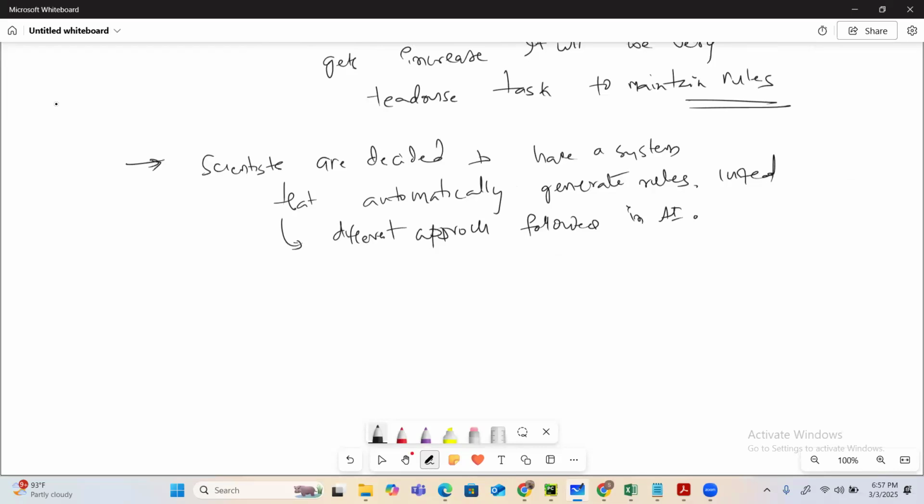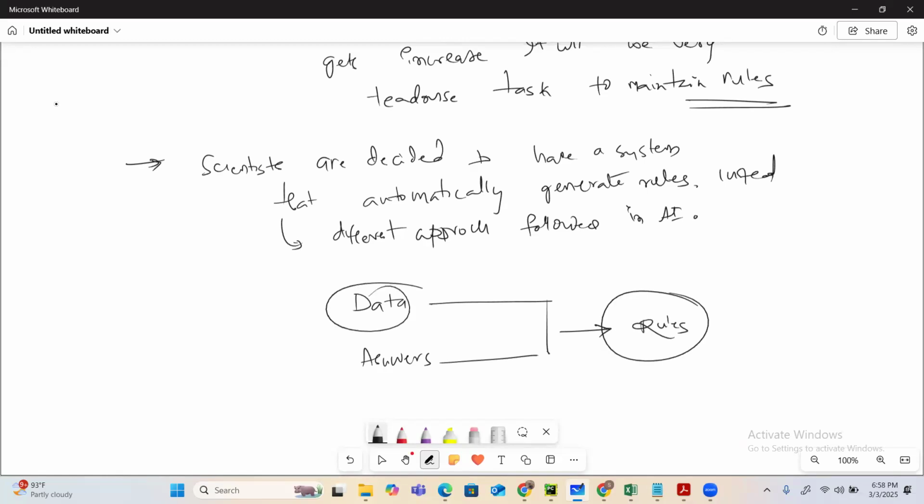Data and answers will be provided. The system's responsibility is to generate the rules. Which task is easy? The above one or this one? Guys, which one is easier? Which one is better programming? The below one is the better programming.